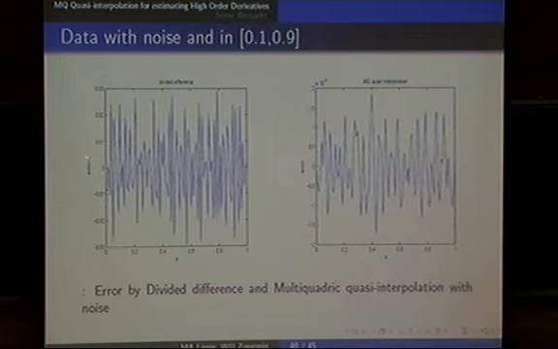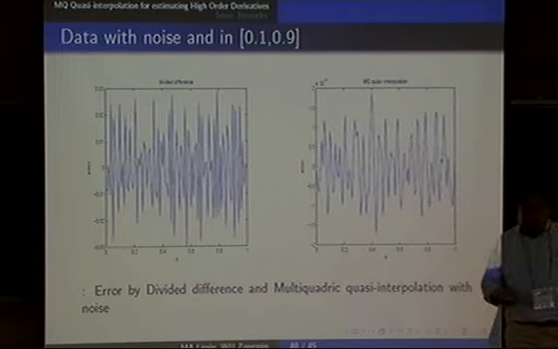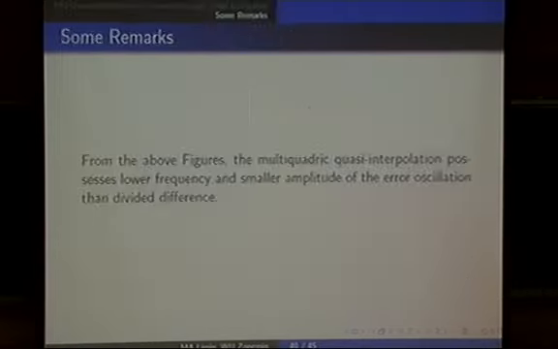The frequency for the divided difference is large, and with the MQ quasi-interpolation it is small. This means the amplitude and the frequency are both improved. As we see from the figure, the MQ quasi-interpolation possesses lower frequency and smaller amplitude of oscillation than the divided difference.